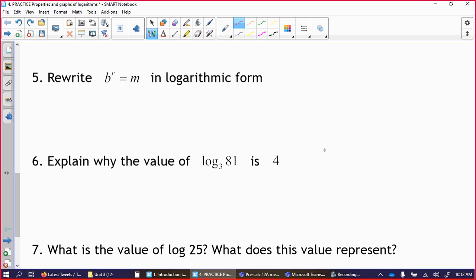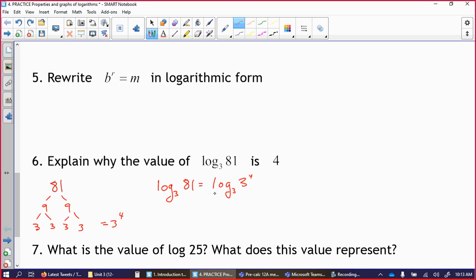Log base 3 of 81 is 4. And this is where our powers come into play. 81, if I do my factor tree, is 9 times 9, which is 3, 3, 3, 3. So 81 is 3 to the power of 4. So log base 3 of 81 equals log base 3 of 3 to the 4th.